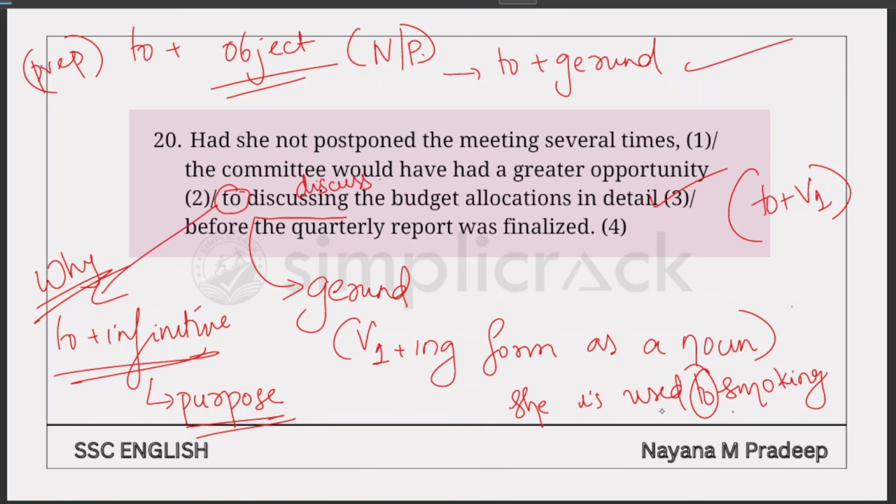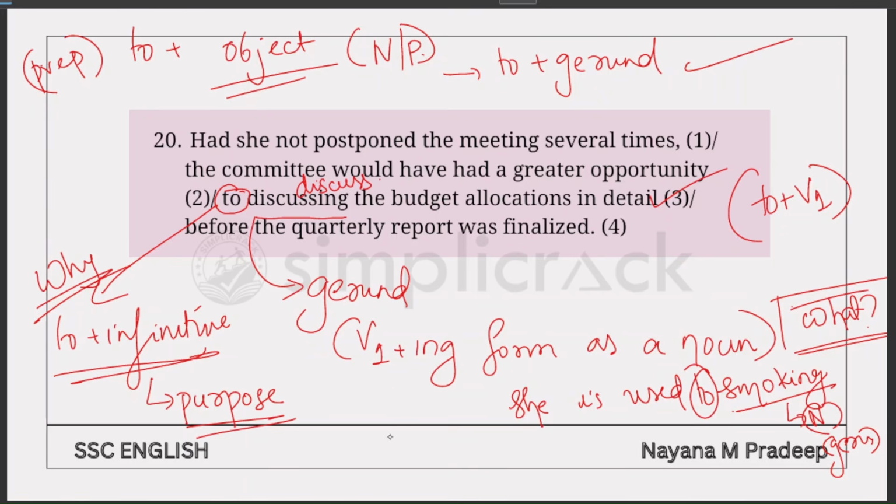She is used to what? We have already learned that a noun or a pronoun answers the question what. So when you ask what in the sentence, she is used to what? She is used to smoking. So you know that here smoking is a noun and here smoking is a gerund. So here to is a preposition.